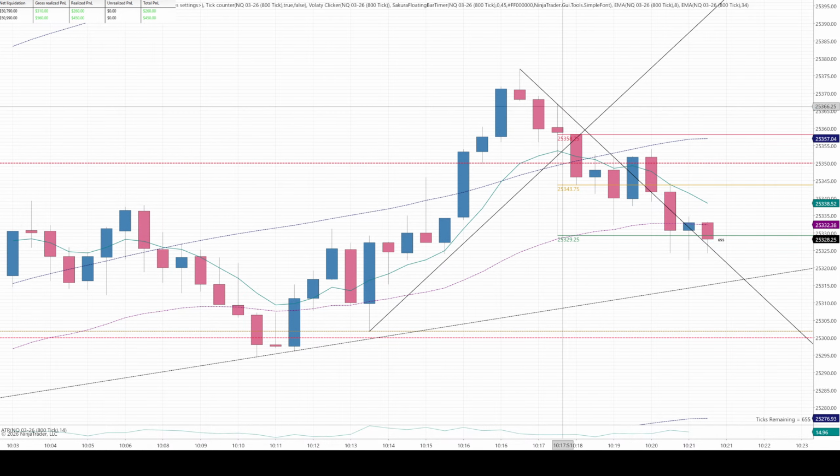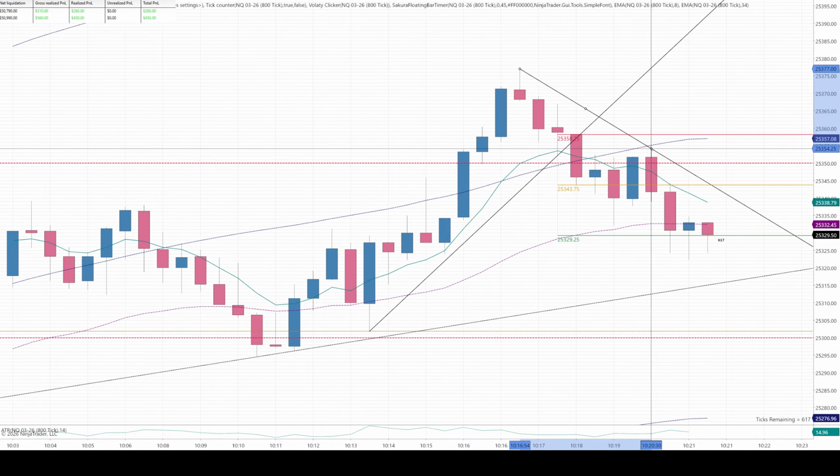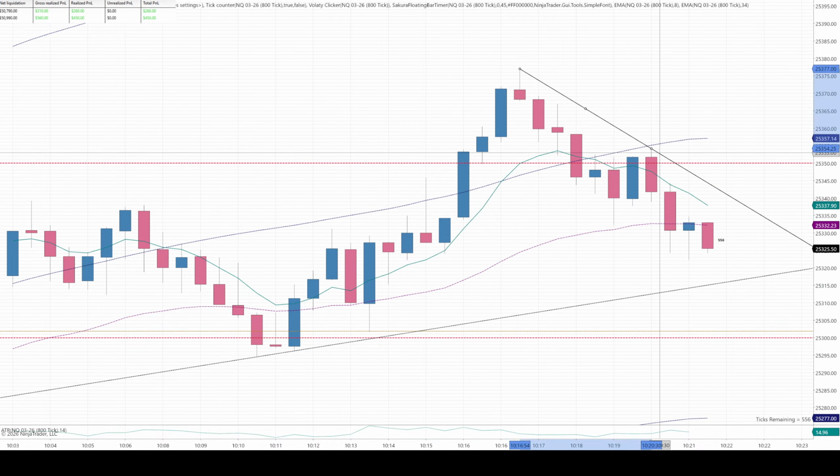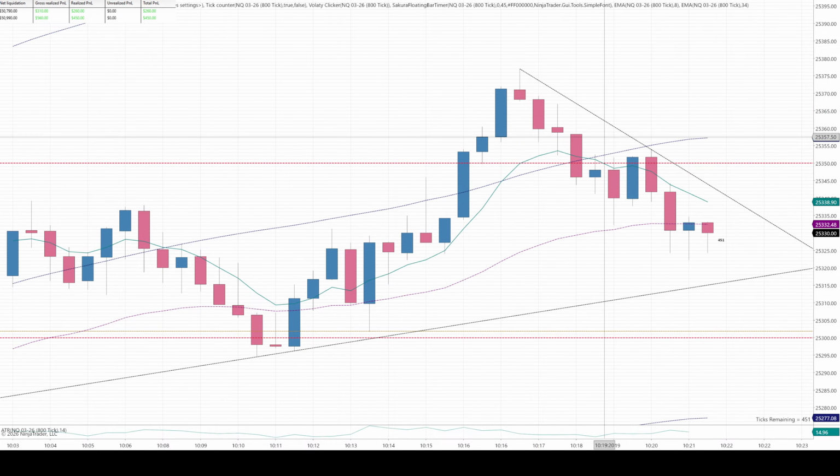And now we potentially could see some profit taking. I don't know. Now I need to redraw my trend lines, because they're different now. We have new information. We have this potential bearish trend line here that could act as resistance. So I can't take any bullish trades at the moment.